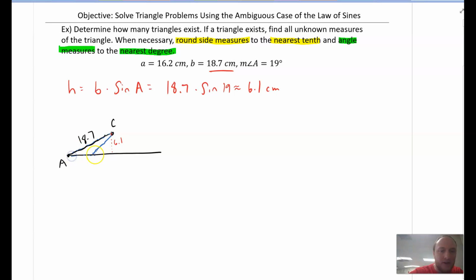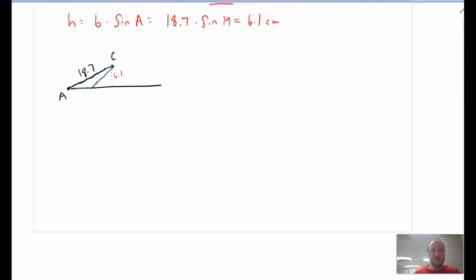What I hope you see is one triangle right here, and I'll put that down here. We have this triangle over here, and it looks something like this.